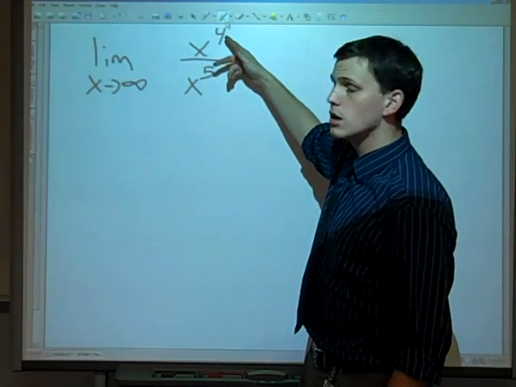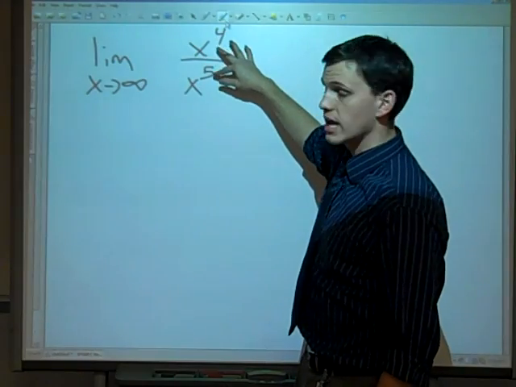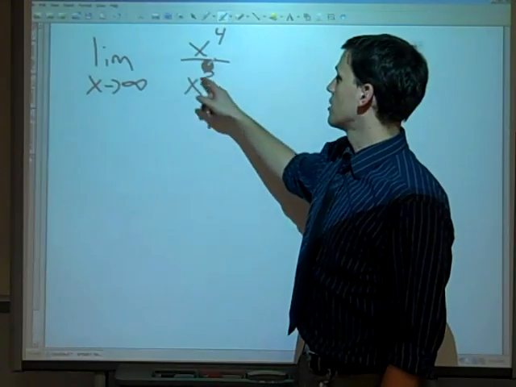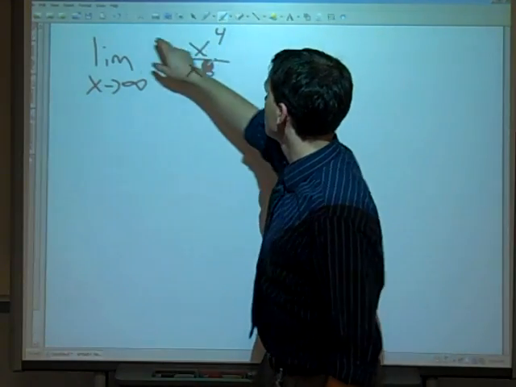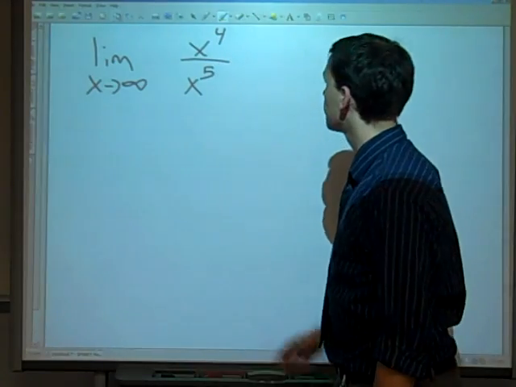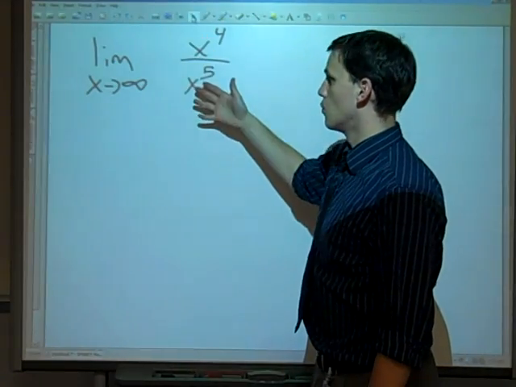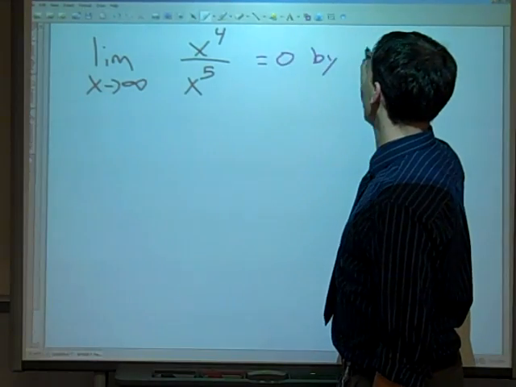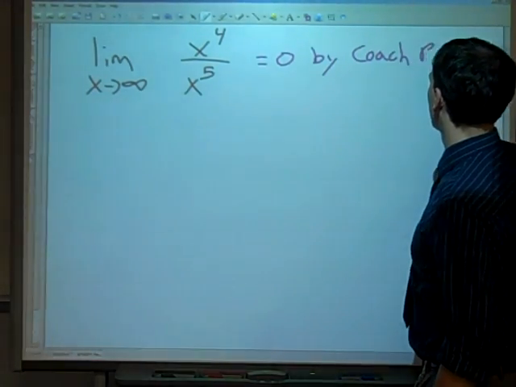If it was vice versa, it would go to infinity. If they were the same degree, it'd be the ratio of the coefficients, which in this case would be 1. But the degree in the denominator is bigger, so the answer is 0 by Coach Bruce law.